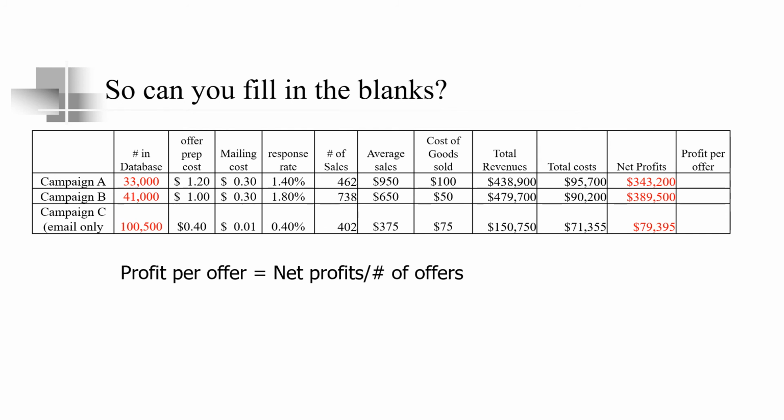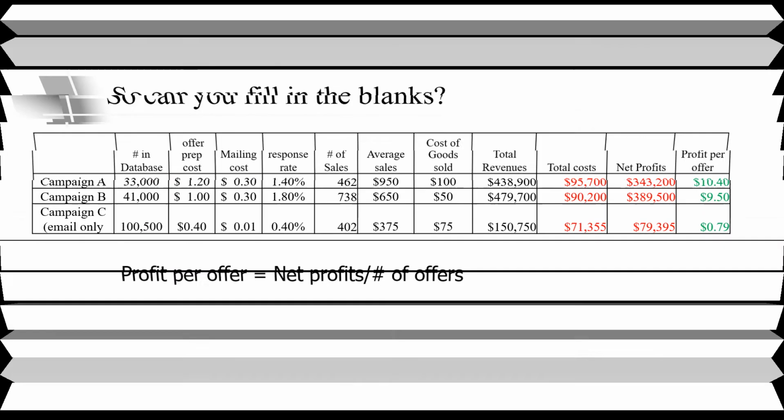And of course, this is a really important notion for database marketers because this is an indication of how profitable it is to trap names and send out offers. So this is how much profit we net per offer. And to make that calculation, I need to divide my net profits by the number of people who were sent the offer in the first place.